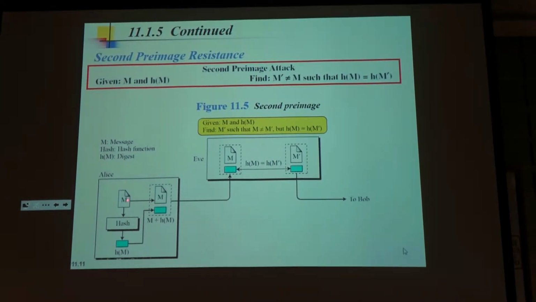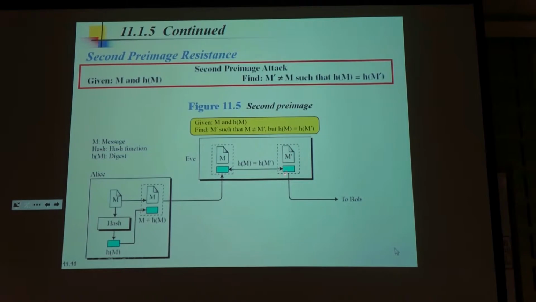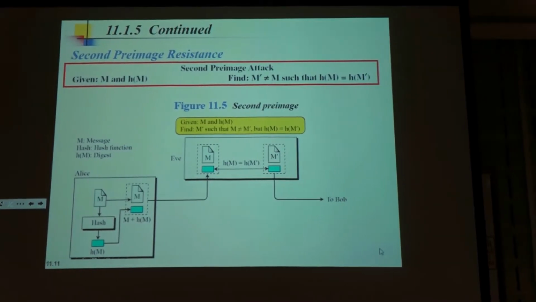So you're starting from knowing the message and the digest. The message is hashed, this is the digest, and you combine the message with the hash. That's how you send it. Now Eve receives the digest and the message, and tries to find another message m prime that will give the same digest. Instead of sending the right message, she puts the fake message with the digest and sends it to the good Bob.